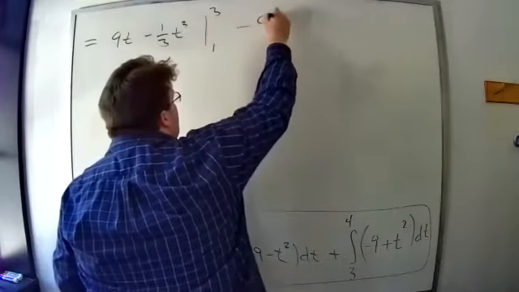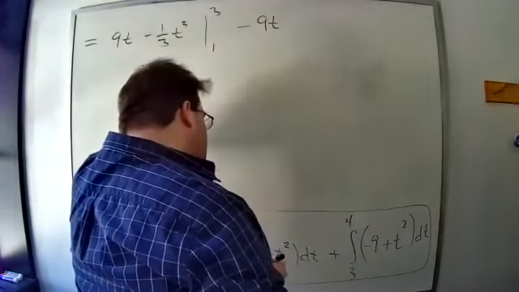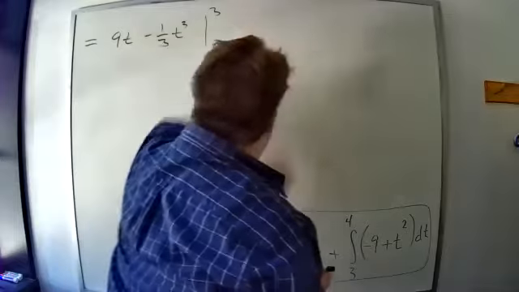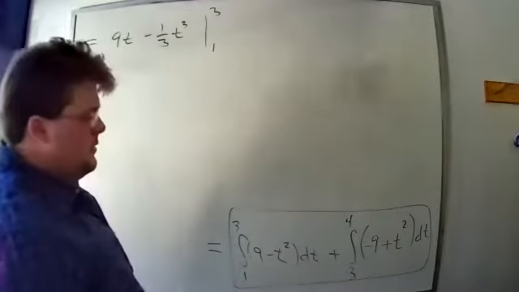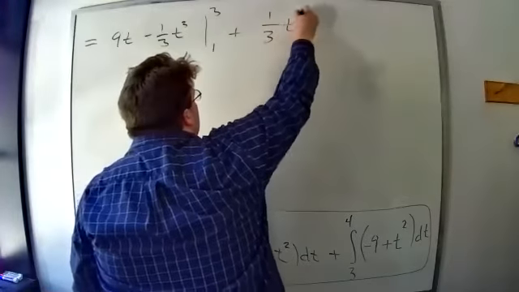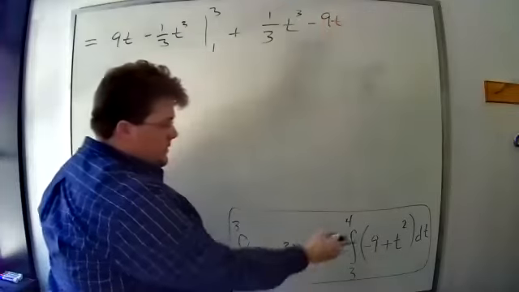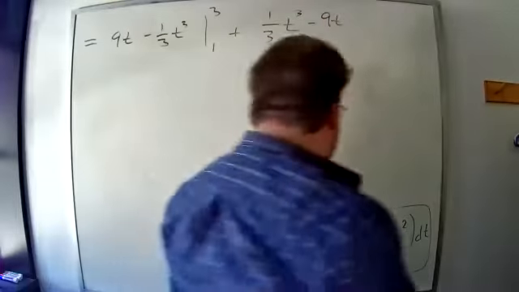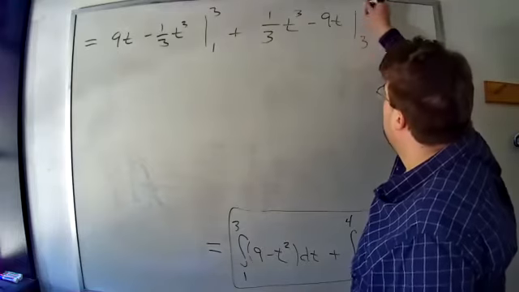So I'll just write negative 9t. I'm going to put the t squared first. A third t cubed. So we have positive a third t cubed and negative 9t. So right here, I just flipped the t squared and the negative 9 around. And we're evaluating this piece from 3 to 4.